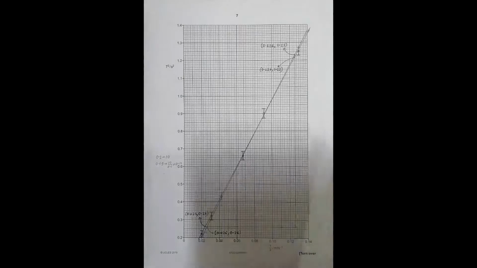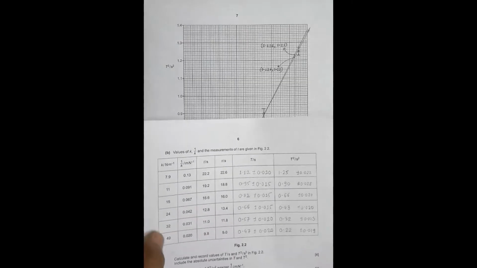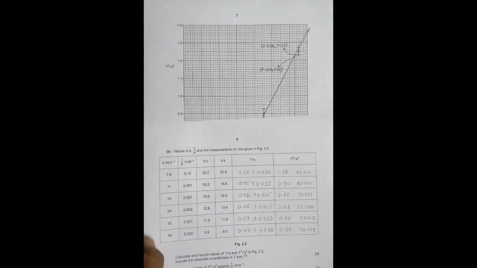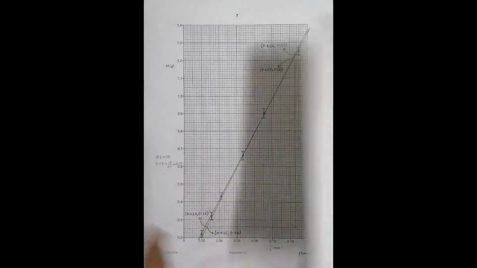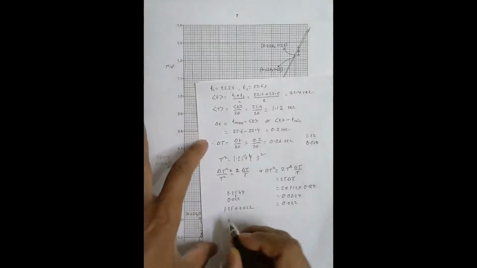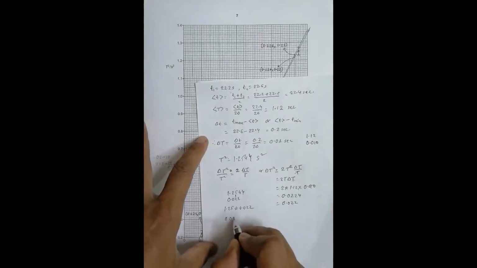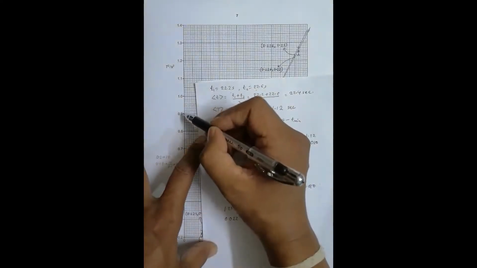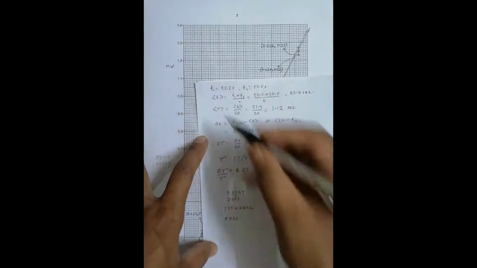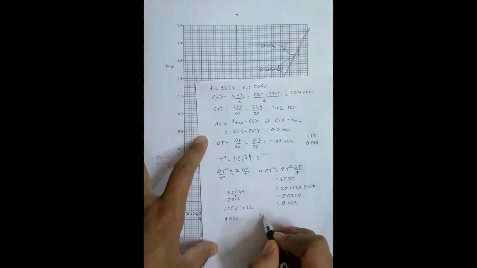In the case of error bars, the first point had an error of 0.022. Let me see here. From here to here it is 0.1. That gives me 10 divisions.